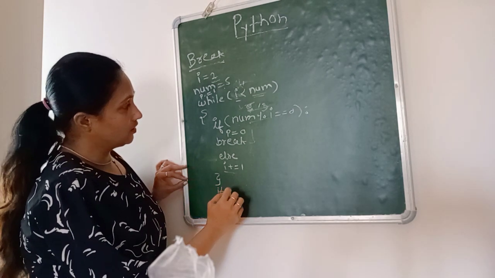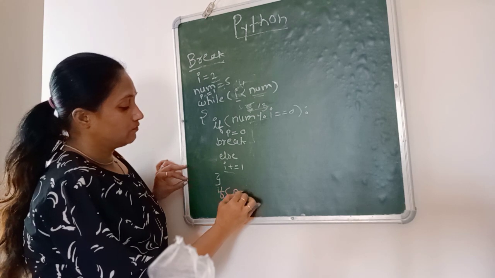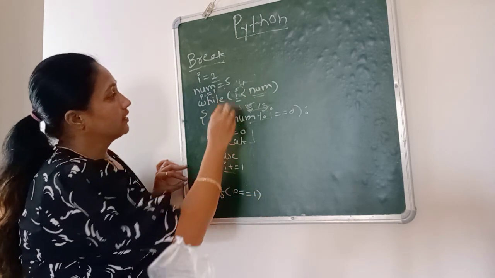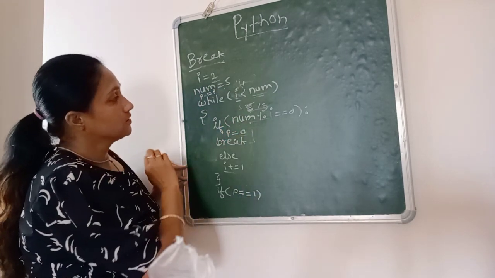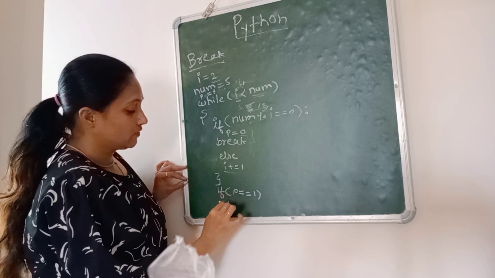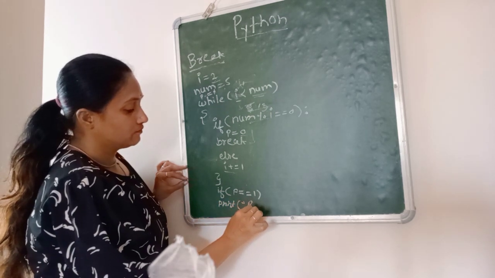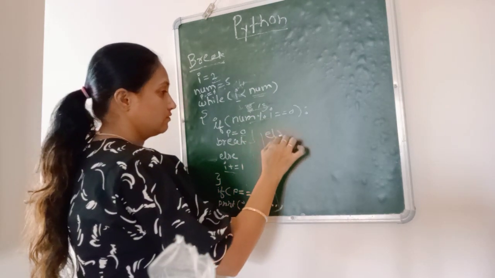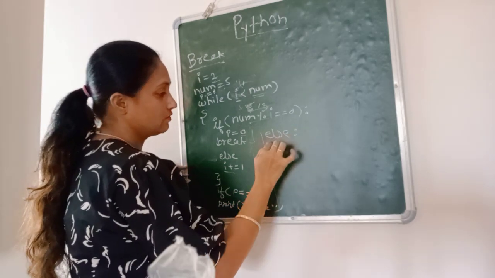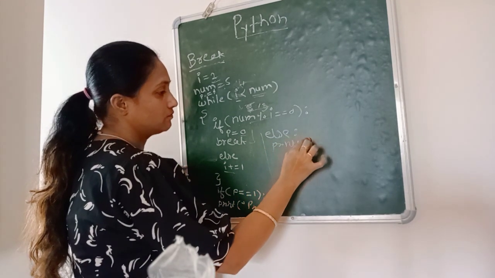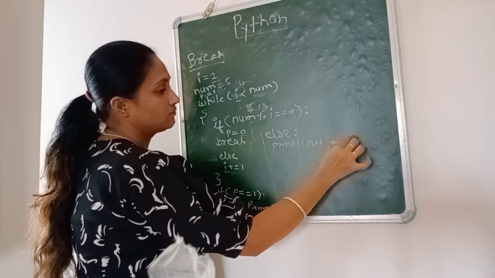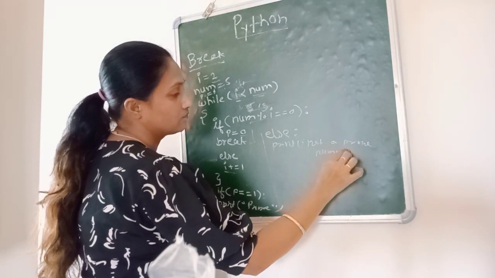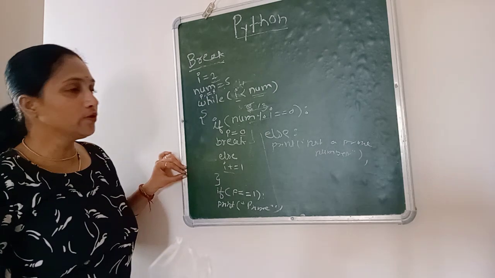We are checking here if p equals to 1, that is if its value is not changed to 0, then we print prime number, else print not a prime number. Okay, hope you understood this.